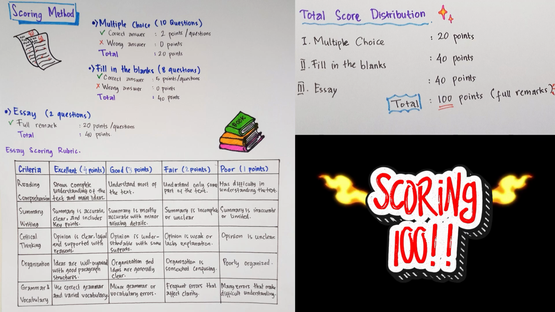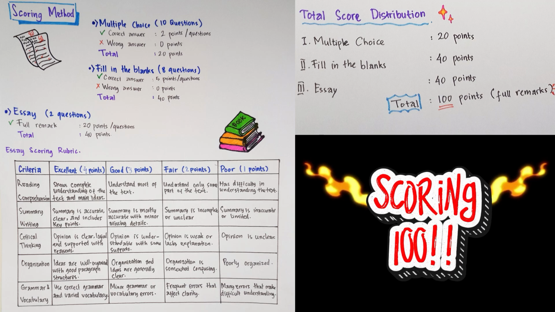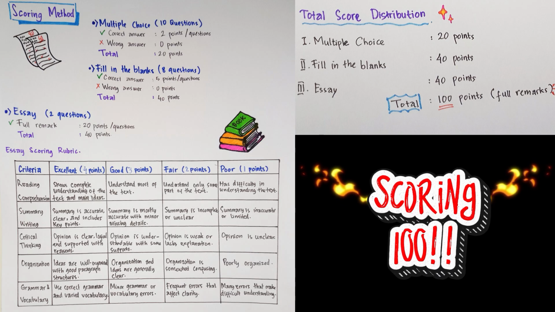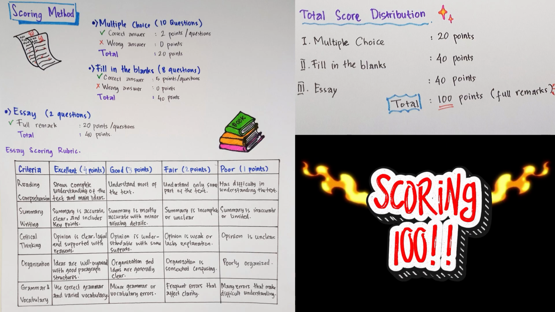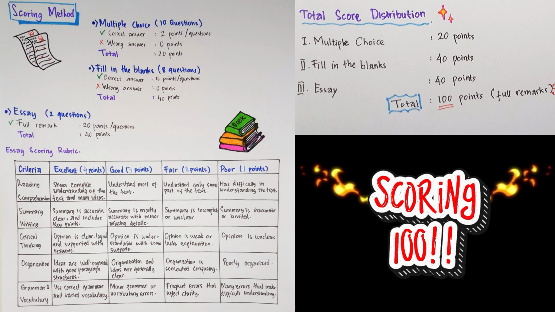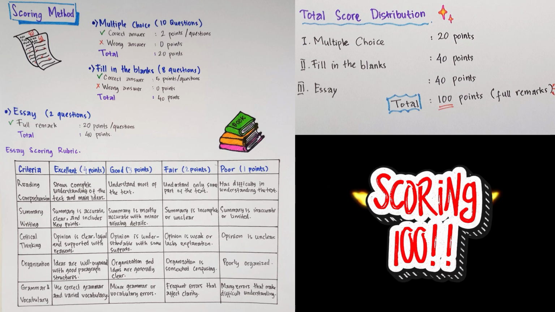First, the multiple choice section contains 10 questions. Each correct answer is worth 2 points, while wrong answers receive 0 points. The total score for this section is 20 points.